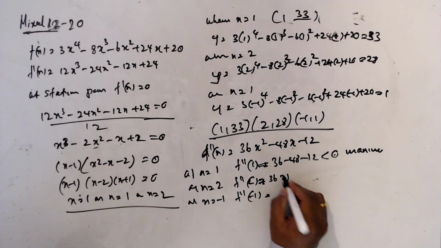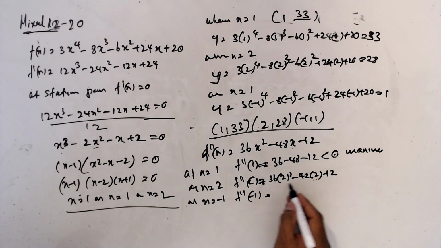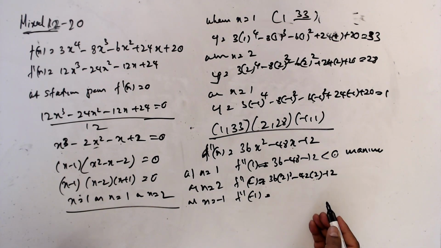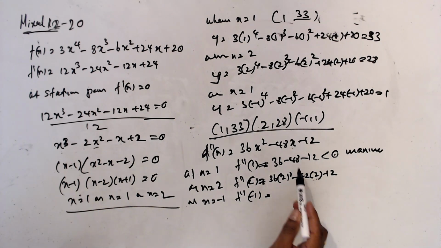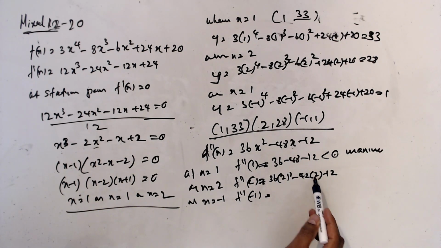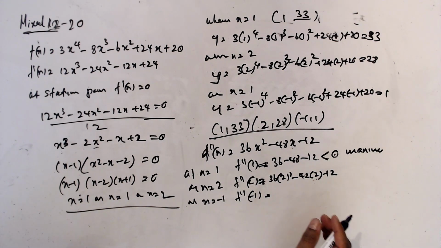36 times 2 square and 48 times 2 and minus 12. Then you simplify, then you correct. Because I assumed 2 square is 4, and then I lost my concentration, and then the brain assumed that 48 is 4 as well. Because I lost my concentration for a second or a microsecond, the brain decided like that.